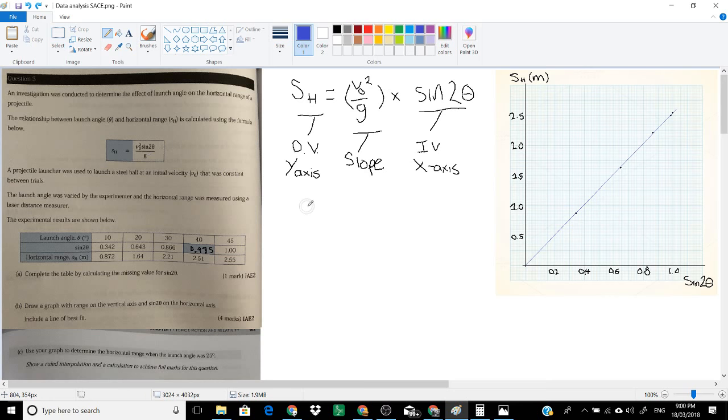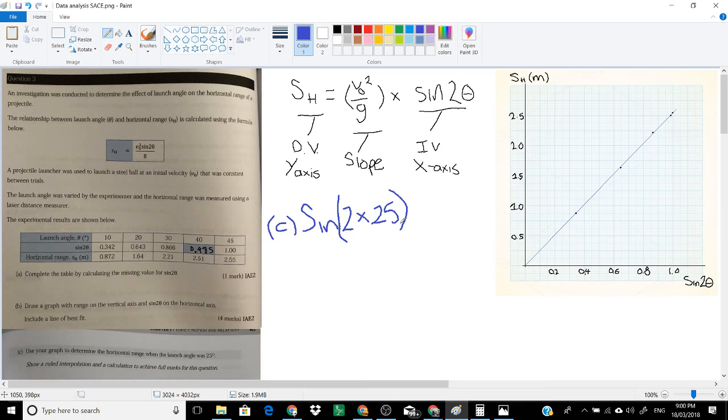There we go. All right, so we've got sine. So this is for question C. Sine 2 25.